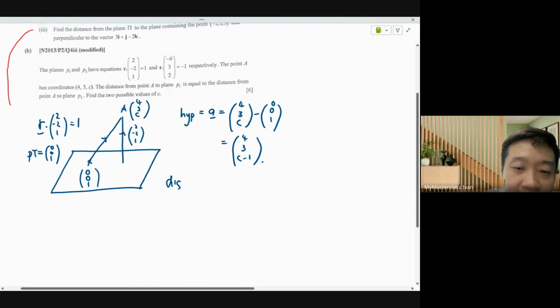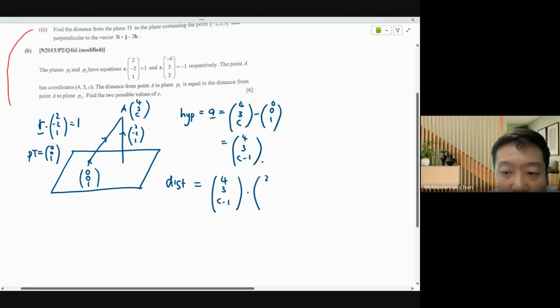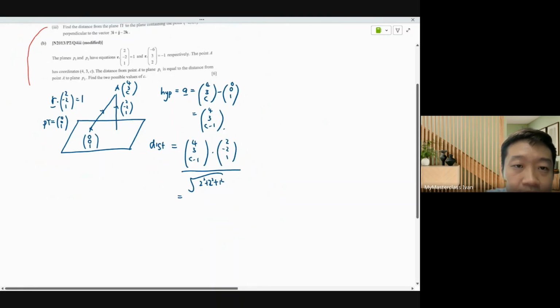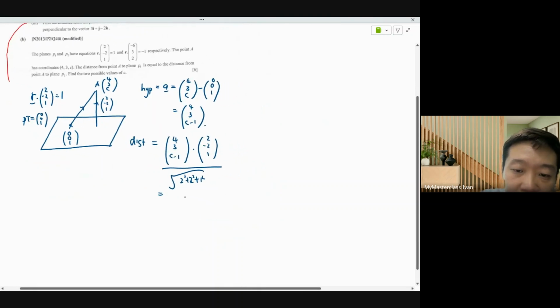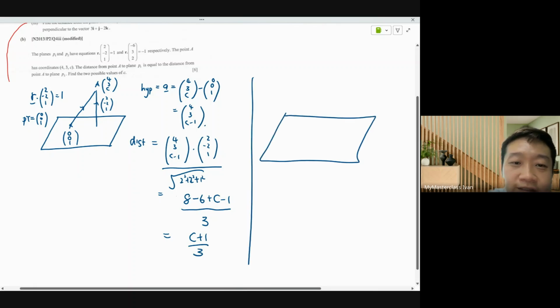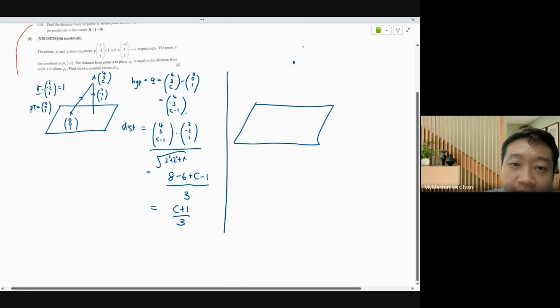So the distance is 4, 3, c minus 1 dot 2, minus 2, 1 over square root of 2 square plus 2 square plus 1 square. Eight minus 6 plus c minus 1, and the denominator is just 3. So this is c plus 1 over 3. That's for the first part. Then you draw this thing again. Try not to draw two of them together.